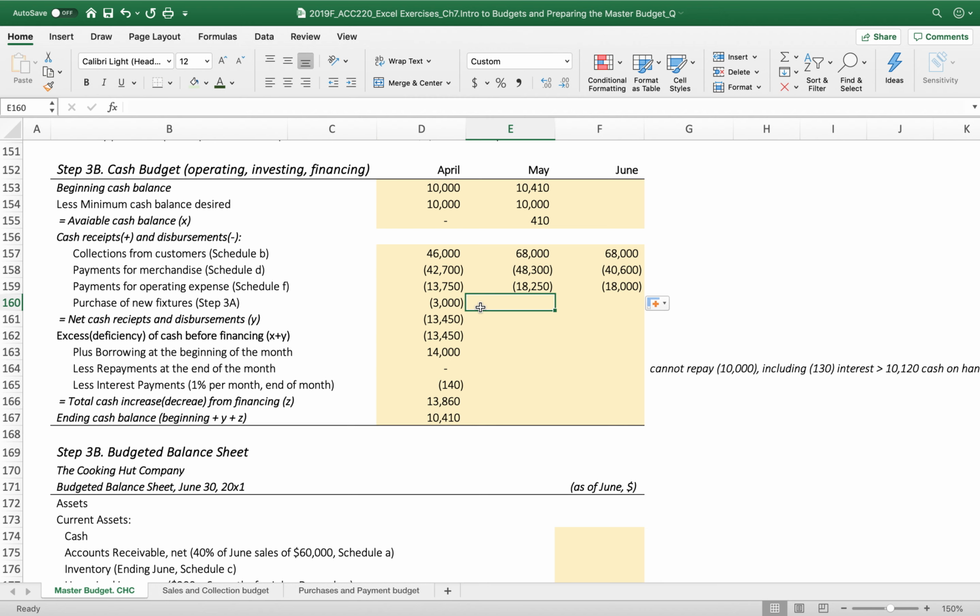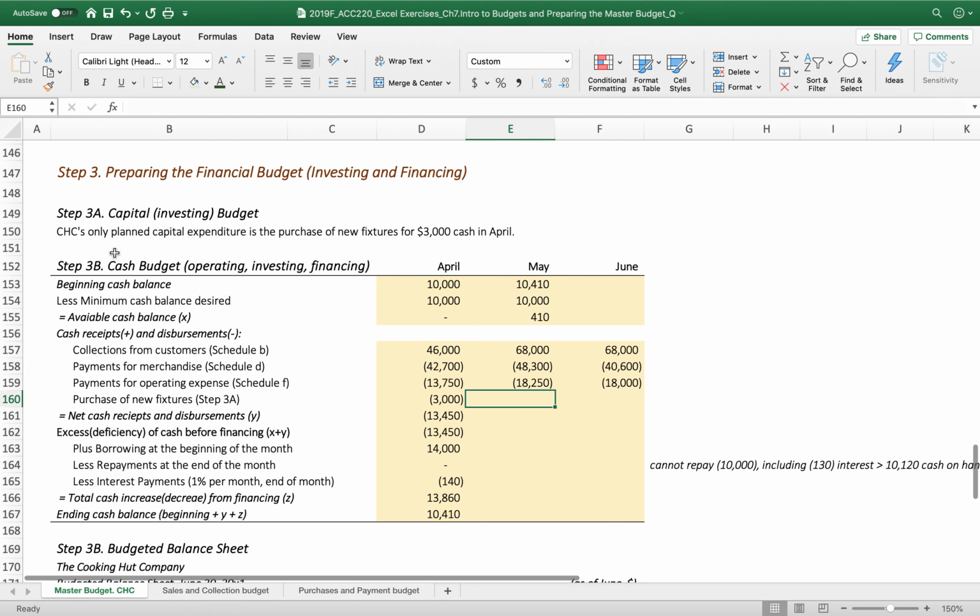But we don't have the new fixture purchase, the cash disbursement on May, because the capital budget occurs only in April, right? So this is 0 and 0.